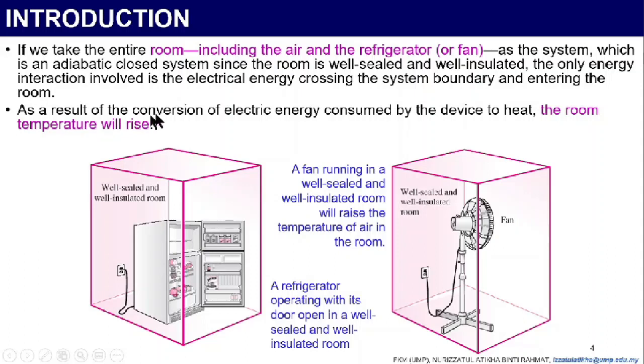As a result of the conversion of electric energy consumed by the device to heat, the room temperature will rise. For example, we have here a refrigerator operating with its door open in a well-sealed and well-insulated room, or a fan running in a well-sealed and well-insulated room will raise the temperature of air in the room.